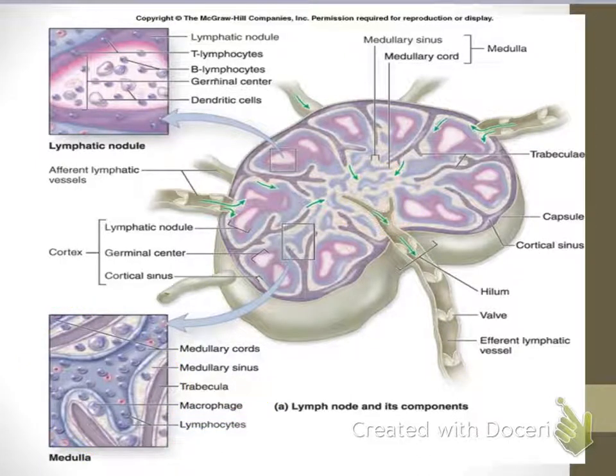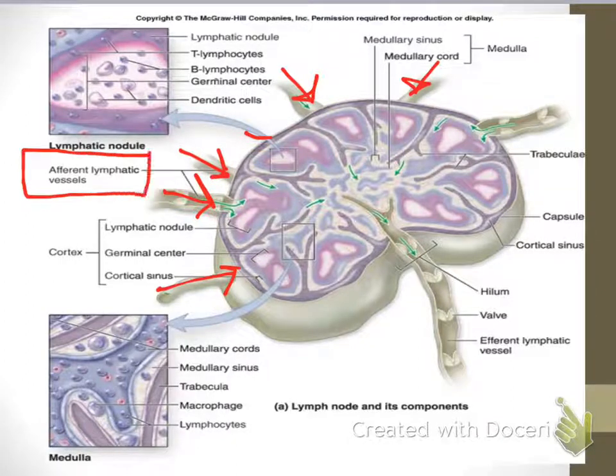Now, as I mentioned before, we have these lymphatic vessels that are bringing lymph, which it picked up from lymph capillaries, into the lymph node, all right? There are a ton of what's called afferent lymphatic vessels that are bringing lymph into the lymph node, but there's only one efferent lymphatic vessel.